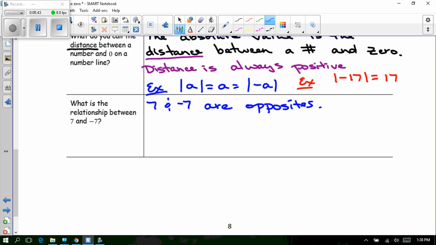They are both 7 away from 0, right? They're both 7 away from 0, just one's to the left and one's to the right. One's up, one's down, if you're looking maybe at a thermometer, okay? But they are both 7 away.